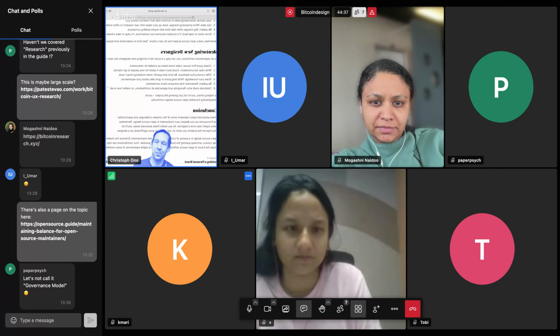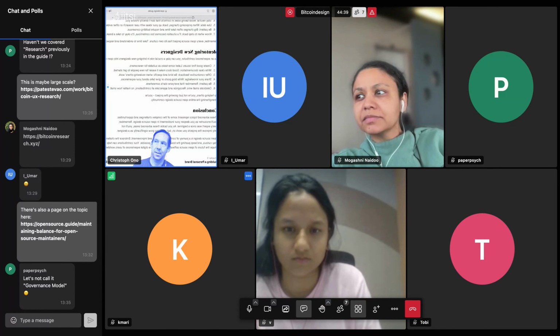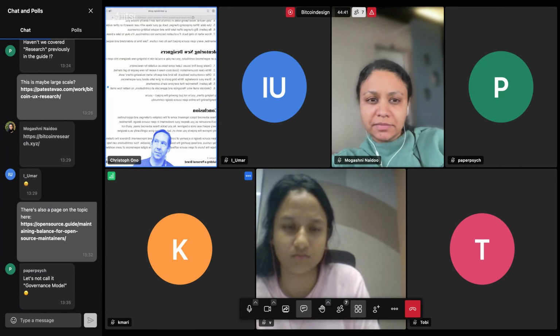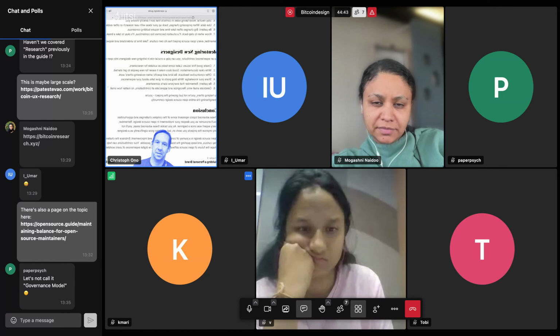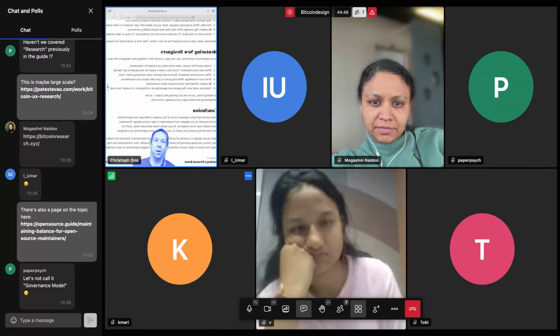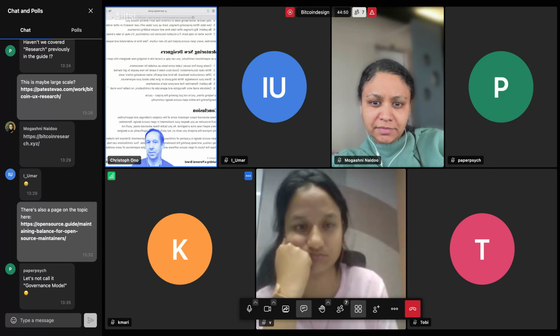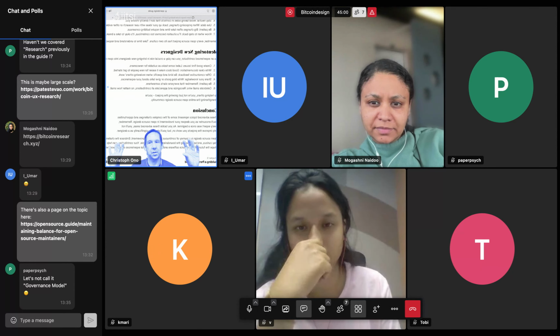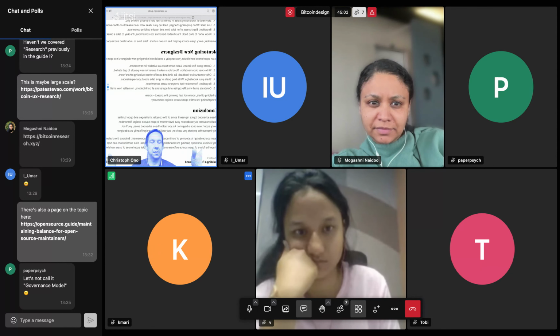Something we've done before: in the Bitcoin Design Guide, we have design challenges, where you design a certain flow in a Lightning wallet or so, and it gives you a bit of a challenge, something you can do. We've also done this thing where a lot of the pages have header images, and sometimes the author didn't create a header for the page.